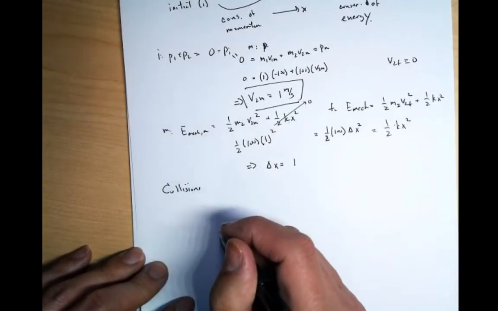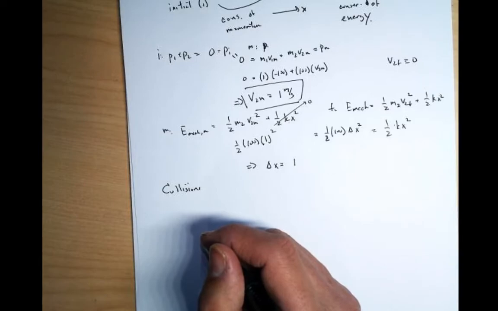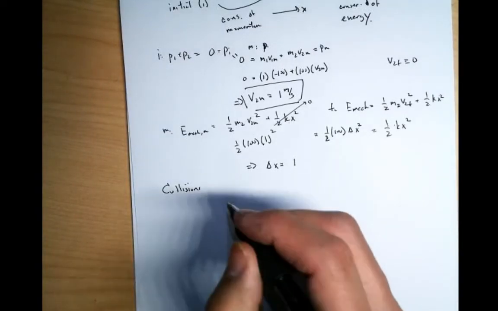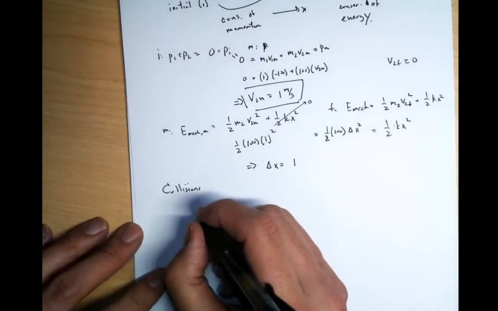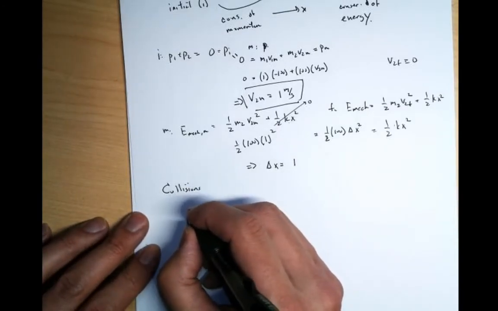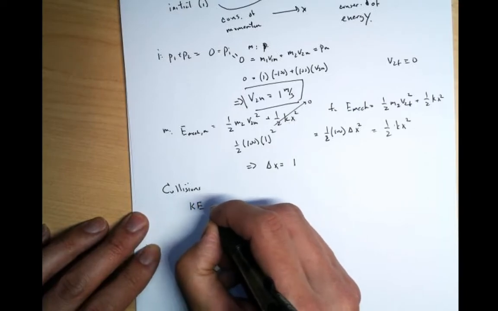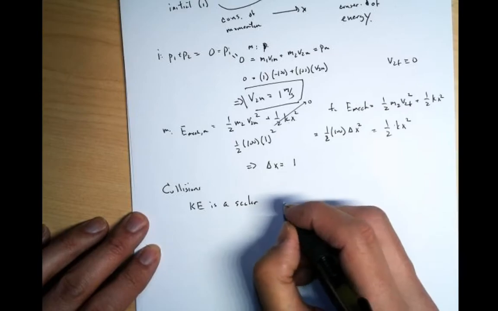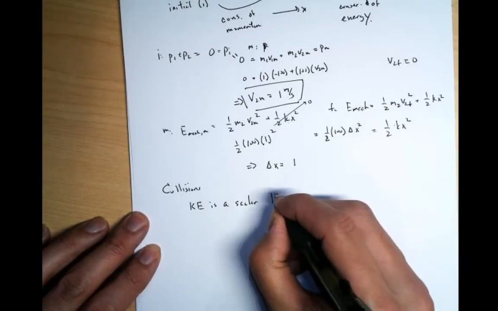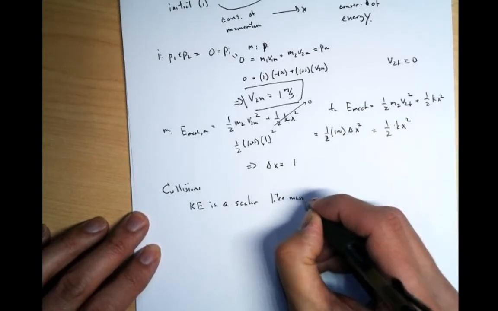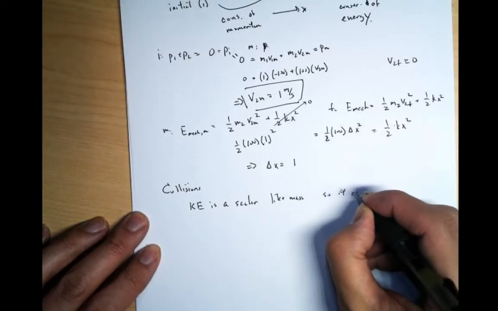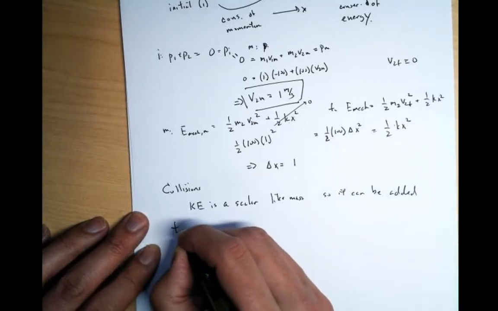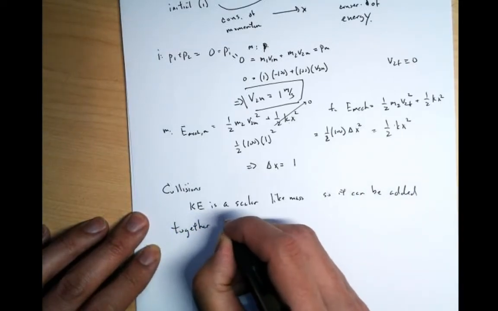Okay. Before we discuss collisions, let's just talk a little about kinetic energy. Kinetic energy is a scalar. It's just a number, like mass. So it can be added together like numbers.